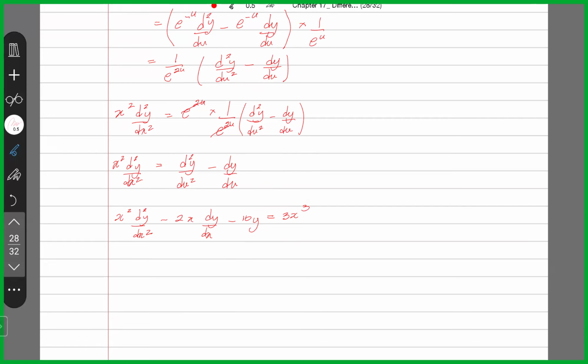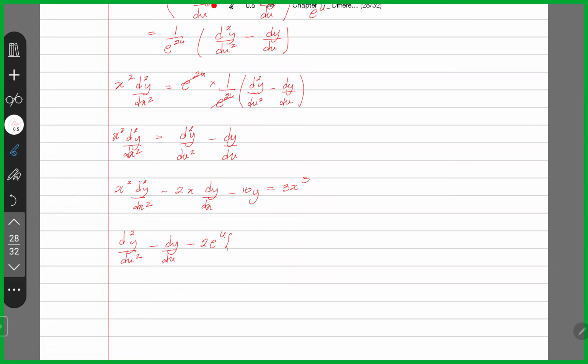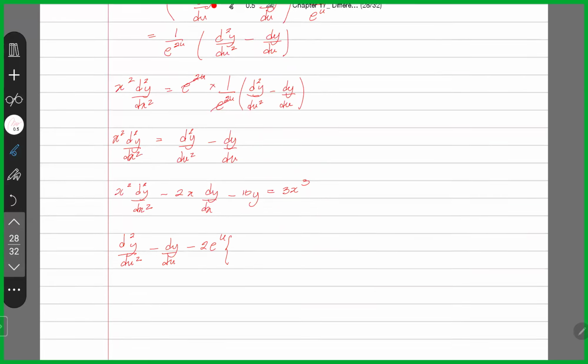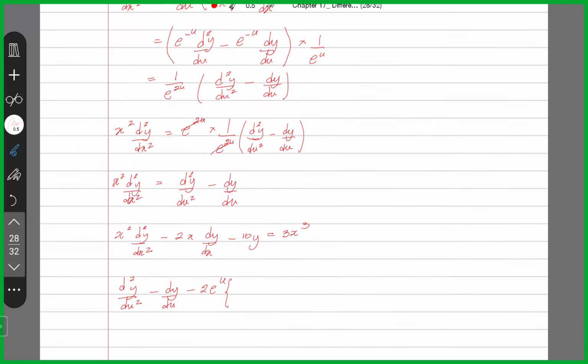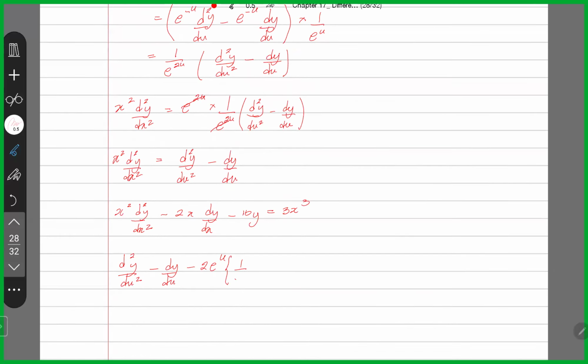So let's do our substitutions. We already showed that x squared d2y by dx squared is equal to d2y by du squared minus dy by du, minus 2x, but remember x is e to the u, dy by dx, and dy by dx was 1 over e to the u dy by du.